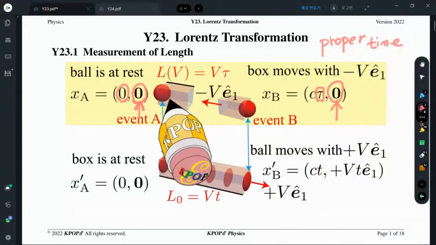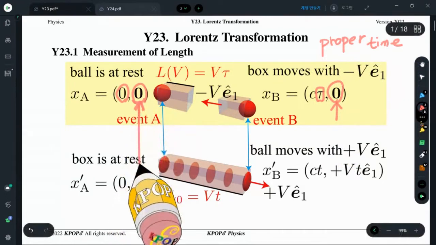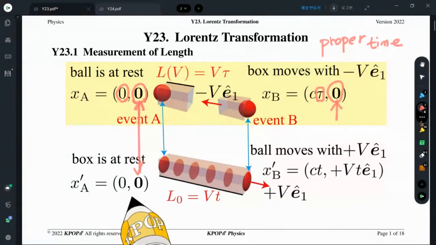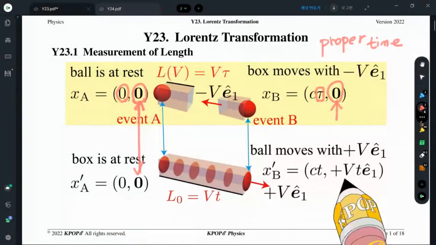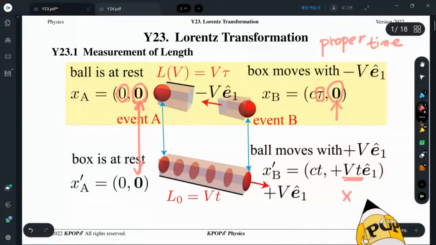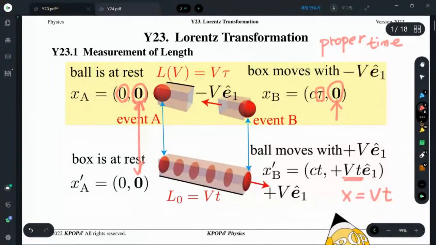If an object moves, these two events are the same, but if this object moves, then the position can be expressed as the product of velocity multiplied by time.